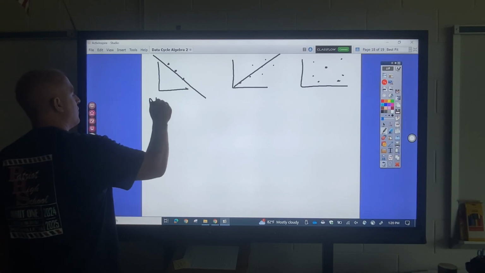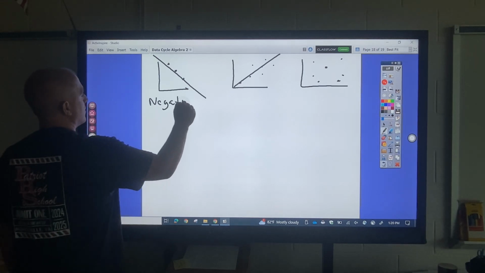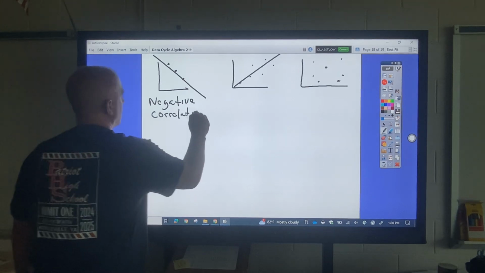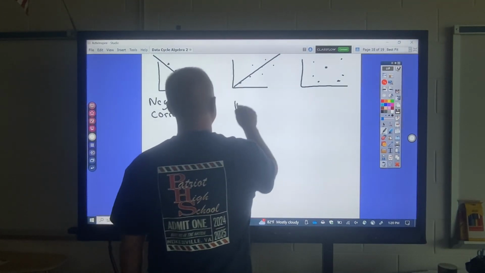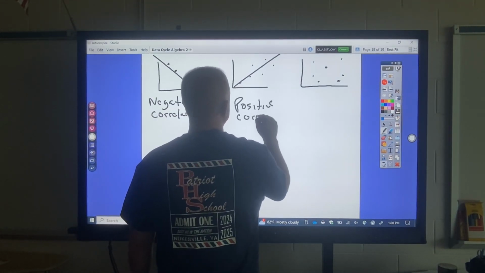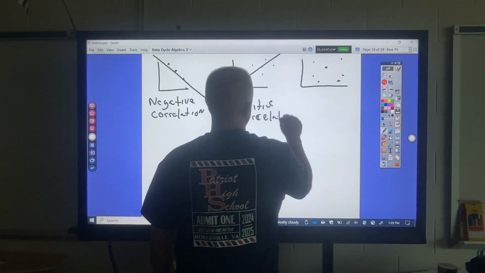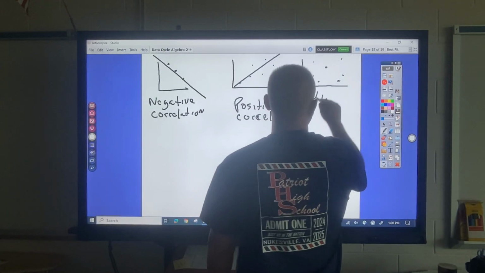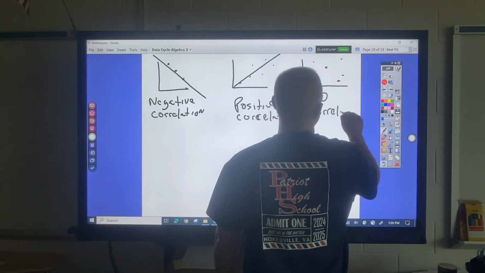This is a negative correlation. This is a positive correlation. All right, now if you say this, Mr. Evans, what about this one? Well, this one has dots all over, so this is going to be no correlation.